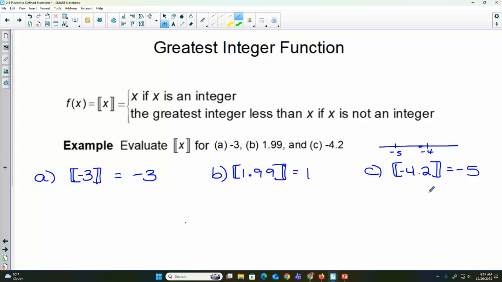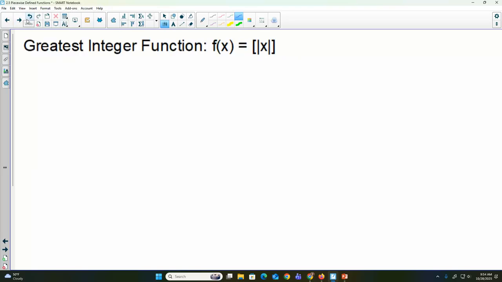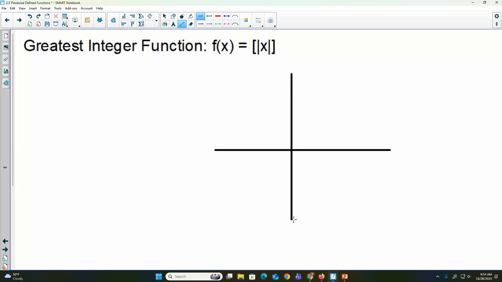If I wanted to draw the graph of it, so if I asked you to graph the greatest integer function, we've always drawn our graphs the first time by making a t-chart, so that's what we'll do. If I put in 0, what is the greatest integer of 0? 0.